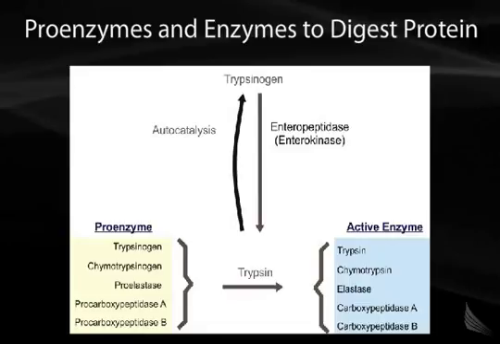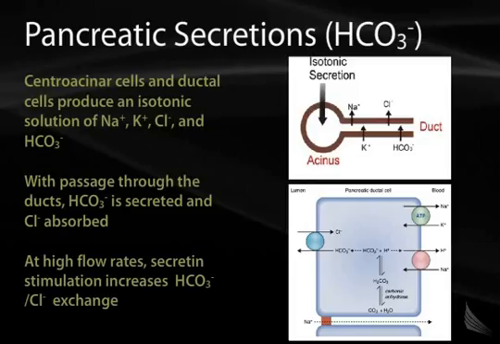Trypsinogen is activated to trypsin by enteropeptidase or enterokinase, and then autocatalysis can subsequently take place with autoactivation of trypsinogen to trypsin. Trypsin is also important as it causes the activation of proenzymes chymotrypsinogen, proelastase, procarboxypeptidase A, and procarboxypeptidase B into the active forms of the enzymes.